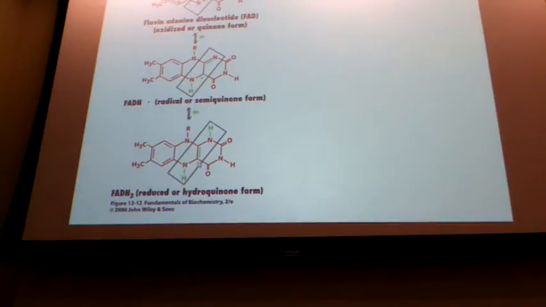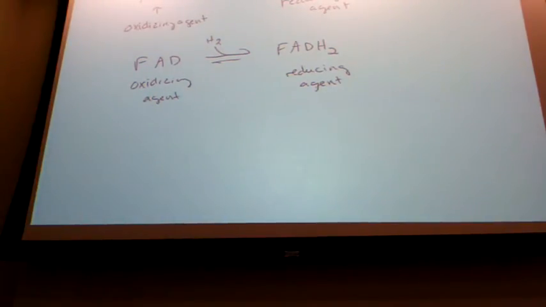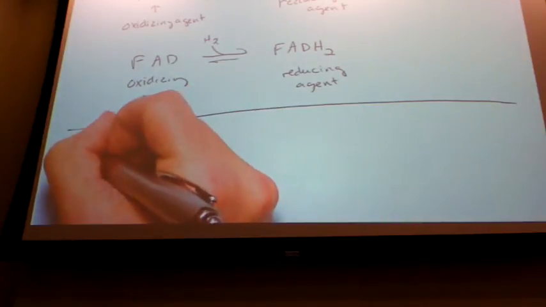And then if it takes the second one, there is in this fully reduced form, the FADH2. Mostly we won't see single electron transfers until we get to the electron transport chain, and then we'll see them there. Okay, so in the time we have left, we need to do a little review of redox.